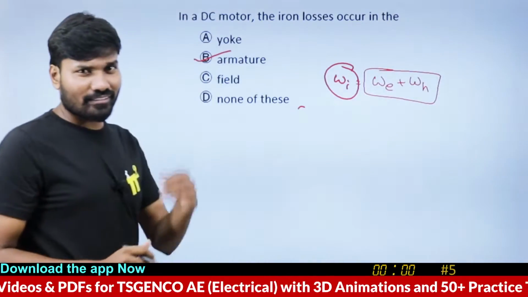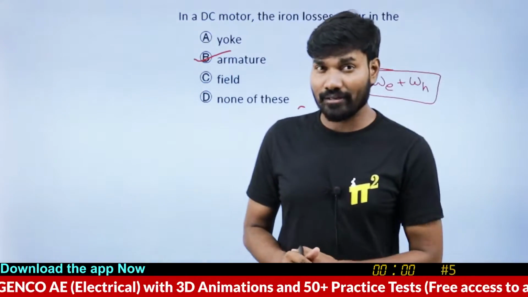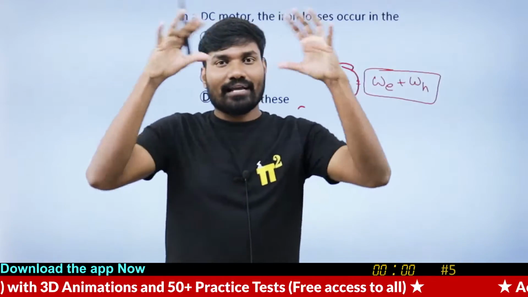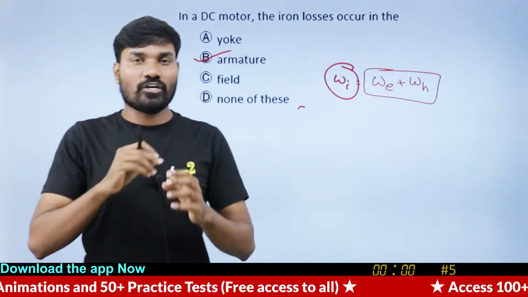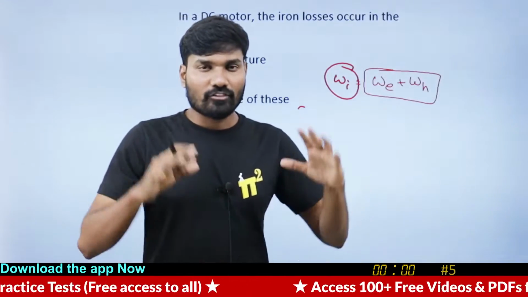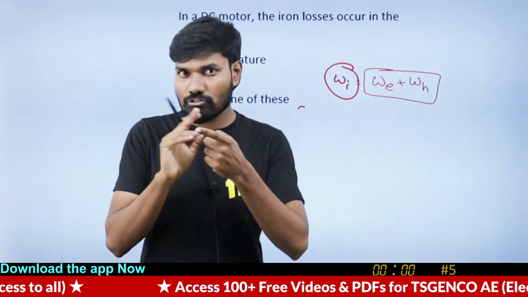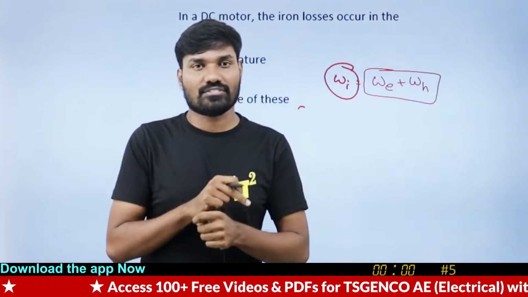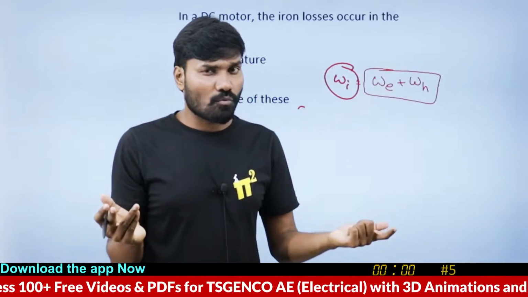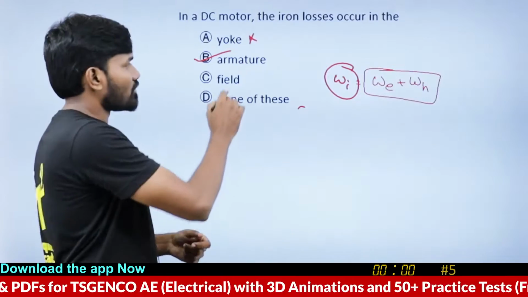What's the purpose of the yoke? I think the animation I have shown in the app shows it very clearly. It's a protection cover and a magnetic field provision, and you are giving a DC current to produce a flux. The flux is steady flux. The yoke is also steady. There is no relative speed between the yoke and the flux, so why would eddy current or hysteresis loss be present in the yoke?